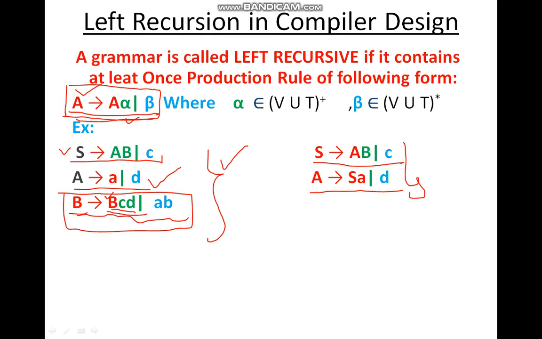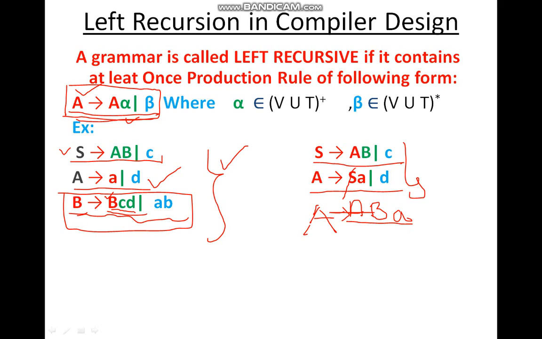If you clearly see, if in place of S here, I put A b, then there would be A, and for which production rule? A is deriving A b A.